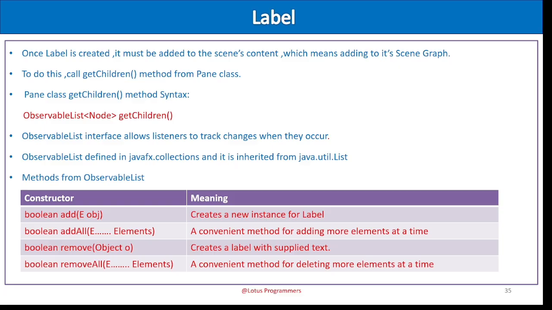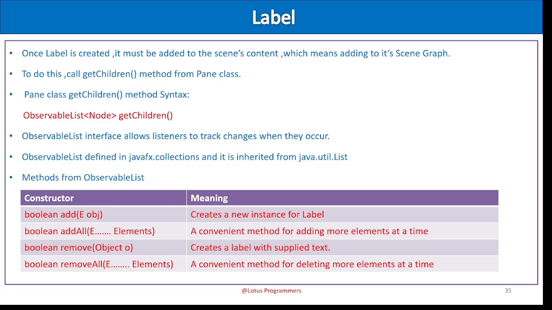The ObservableList is also an interface which is inherited from java.util.List. The methods defined in ObservableList are as follows. The first method is the add method. Suppose you would like to add one object to the observable list, call the add(object) method.